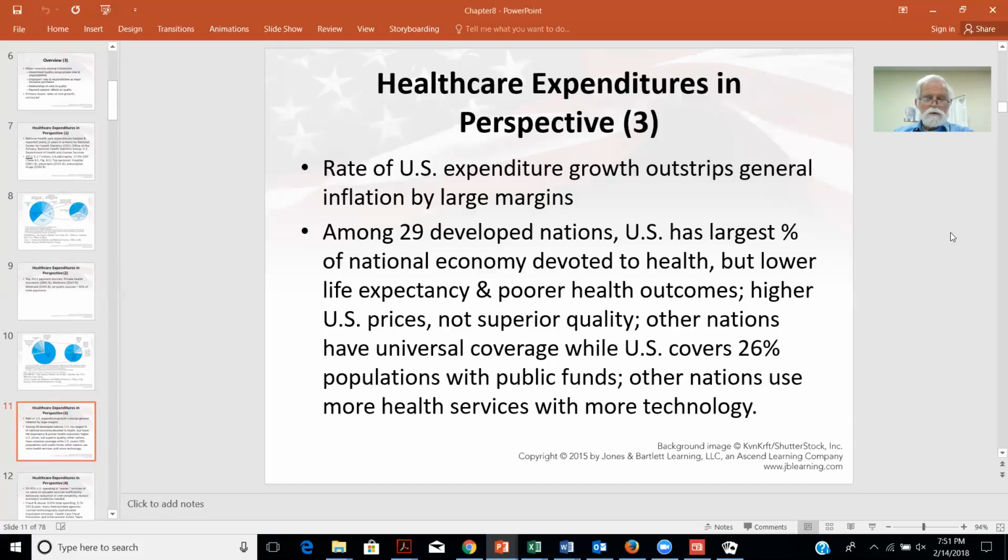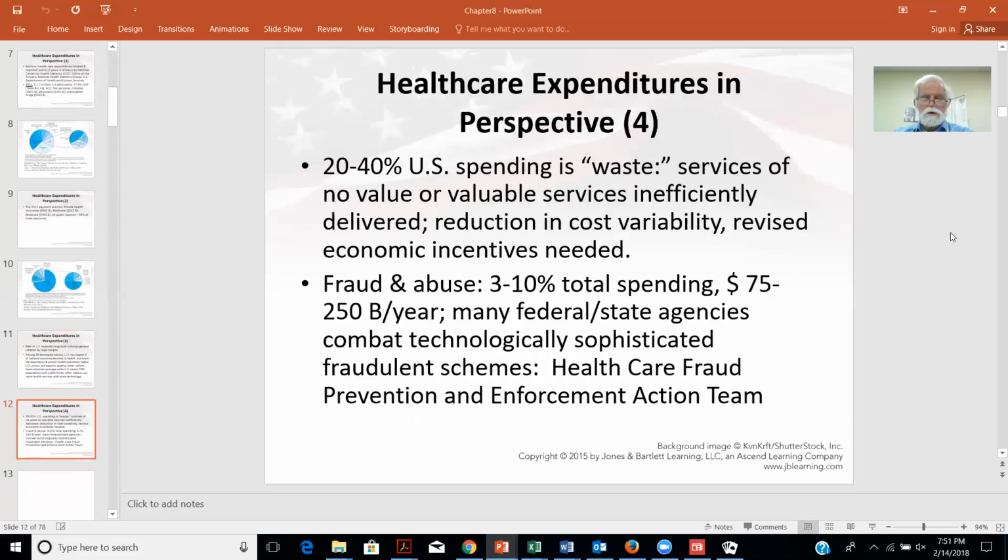Other nations use health services with more technology. Here's a statement: 20 to 40% of the spending is waste, which means services of no value, or valuable services not being efficiently delivered. And we need to look at that.